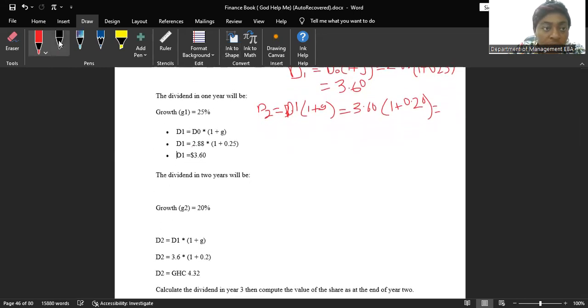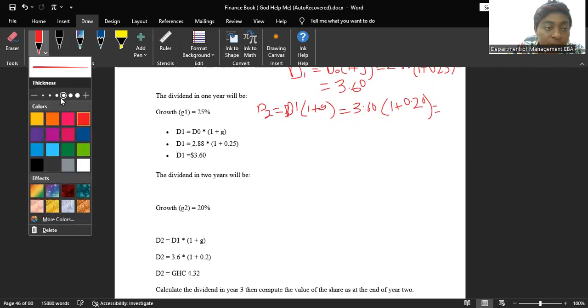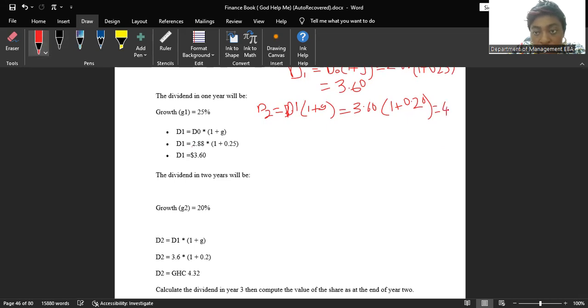We are going to get 4.32. Are we okay? That is the supernormal growth period. The second step is to find the value for the last supernormal growth period, which is D2, so we are going to work for the price at year 2.